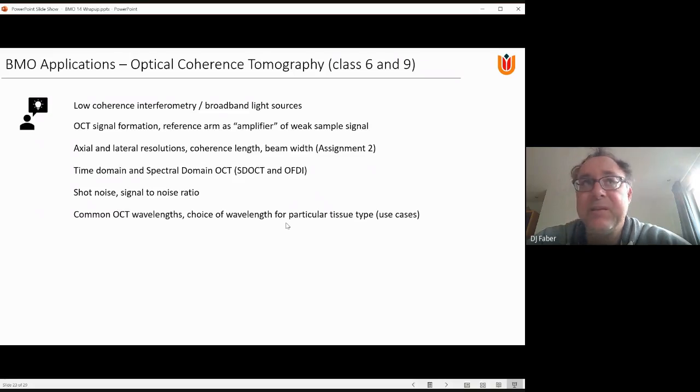Comparing 800 to 1300 nanometers, we know that the scattering is a little bit stronger at 800 nanometer, but the absorption is a little bit lower compared to 1300. So that is a trade-off. And for certain tissue types like the eye, the trade-off works in the benefit of 800 nanometers. For other tissue types like skin, it works in the benefit of 1300 nanometers. So that is then the goal.